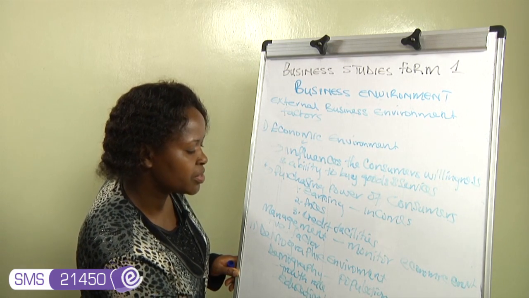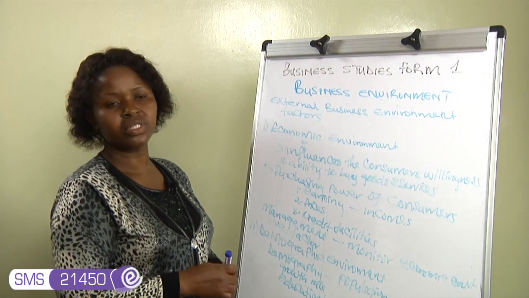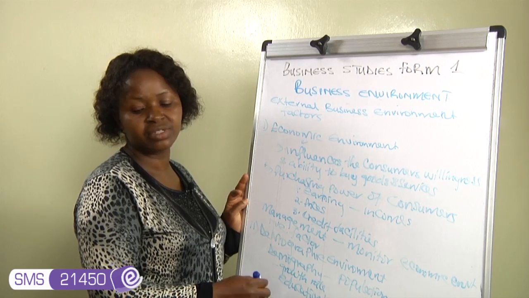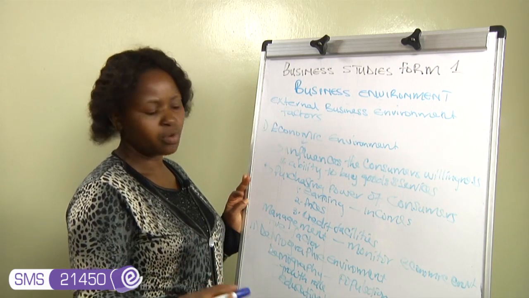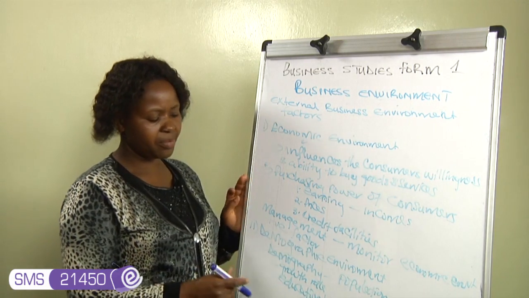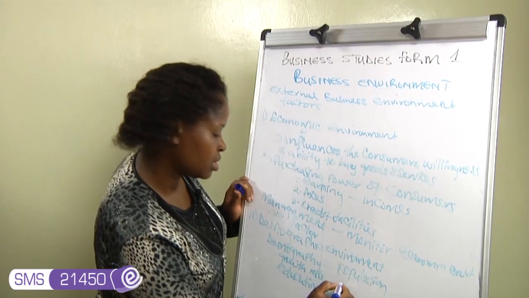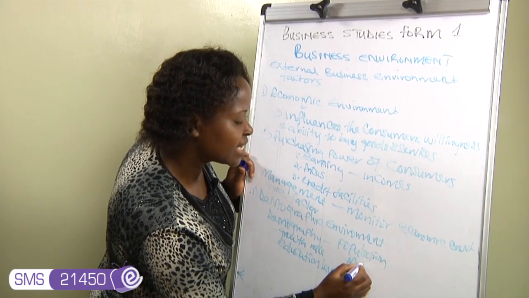levels of a population. And this is because for a well-educated population, there are goods that they will demand or require as opposed to a population that is not educated. Then we also talk about migration.